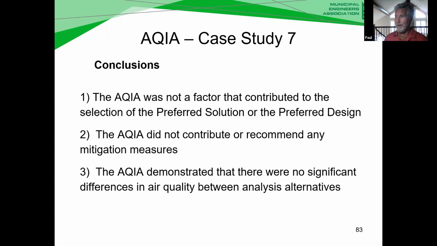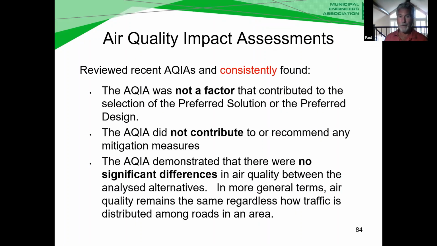So what I've consistently found is these studies apparently cost $35,000 each, and there seems to be, that we found so far, no evidence that they ever become a factor in choosing your preferred solution and preferred design.